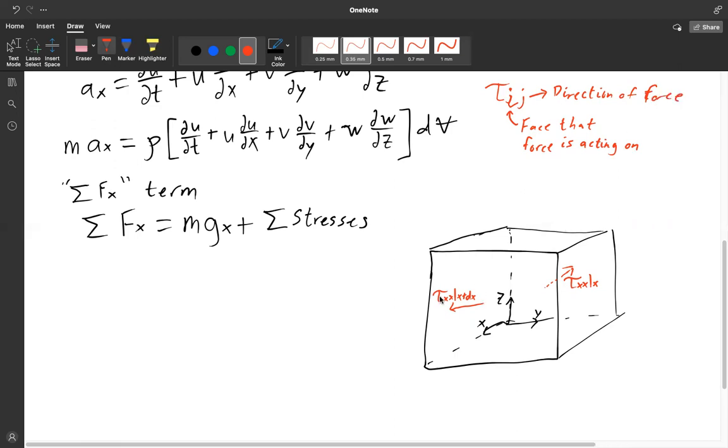So for this example with tau xx, this force is acting on the x plane and is also acting in the x direction. Similarly, for the y direction, tau yx, it is acting on the y plane, but acting in the x direction.